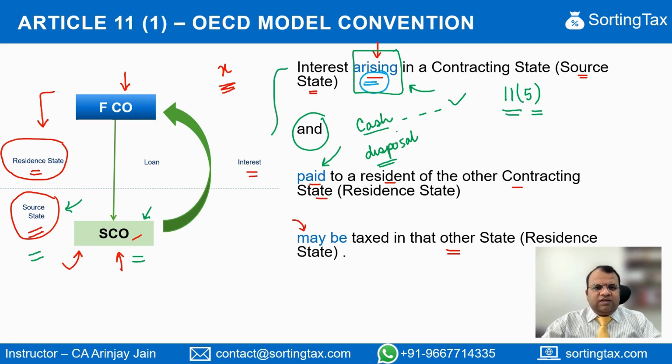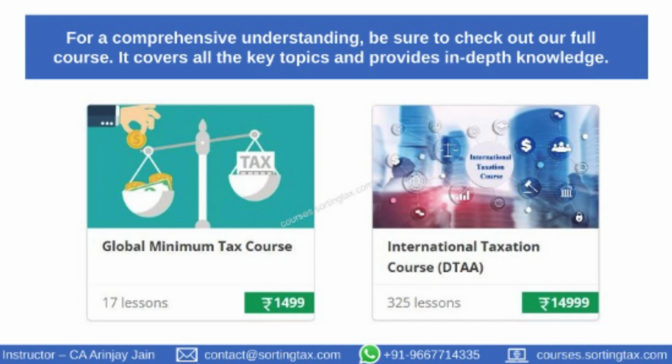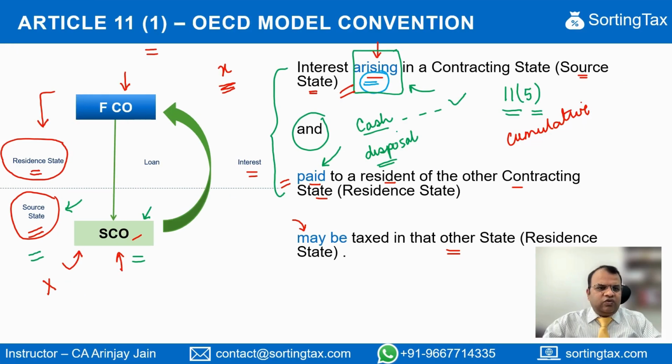But if you look at the way this is worded, it would mean that the conditions of arising and payment are cumulative, which means that if interest does not arise in the source state, it will not be taxable here. If the interest arises in the source state, but the payment has not been done, even then Article 11(1) would not give the right to the source state to tax such interest. Of course, whenever the payment is made, at that point in time, that right would get restored, but not until then.